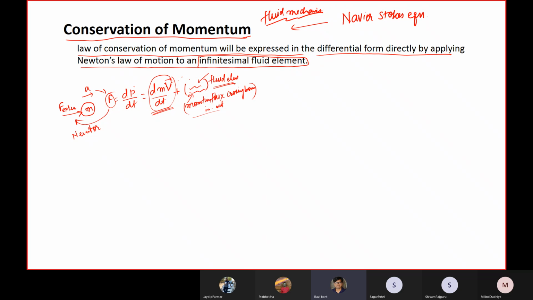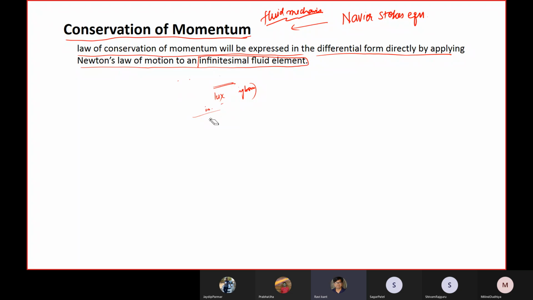If we were not talking about fluid elements, then your usual Newton's law would be F is equal to d(mv) by dt. Okay, so let's look closely at how to derive this Newton's law, or the conservation of momentum, for a fluid element.